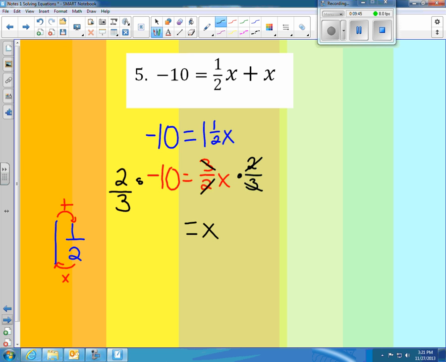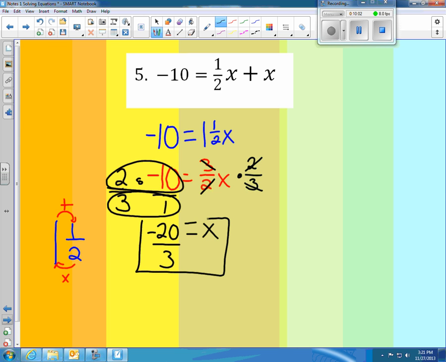I'm going to take 2/3 and multiply it by negative 10. Let's take negative 10 and make it into a fraction. Now I multiply straight across on the top, so 2 times negative 10 gives me negative 20, and 3 times 1 gives me 3. You can leave it as this improper fraction, or we can turn this into a mixed number. 3 goes into negative 20 negative 6 times, with 2/3 left over.